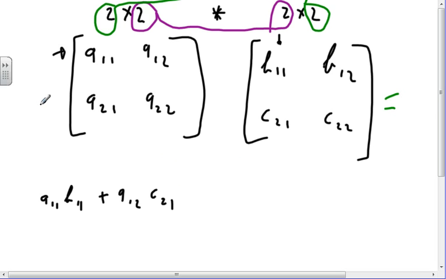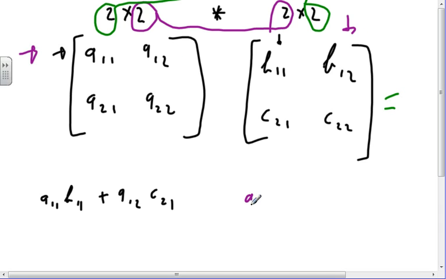Then we're going to take the first row, different color, and multiply it by the second column. How come I'm not on the first row? I'll try it again. We're going to take the first row and multiply it by the second column.